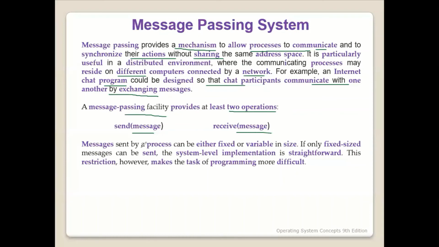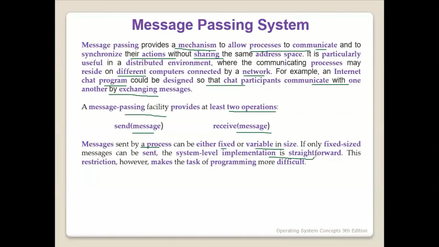Messages sent by a process can be either fixed or variable in size. If only fixed size messages can be sent, then the system-level implementation is straightforward. Having a fixed size message, that's fine.